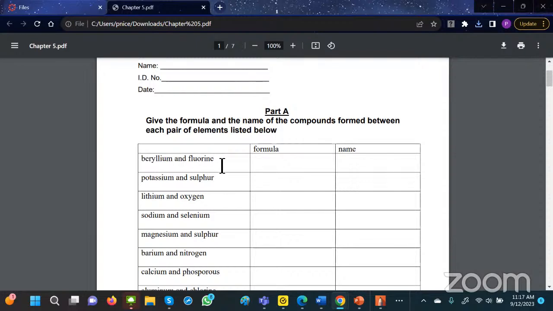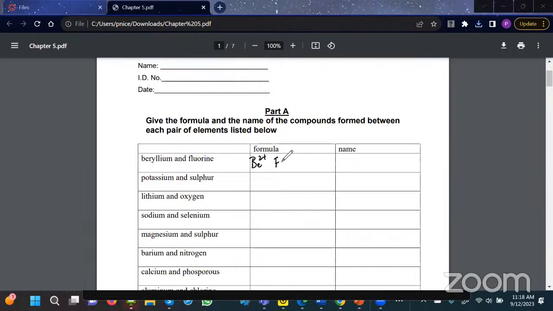So as I said before, what you would do is go to the tables and you look up the formula for beryllium ions and fluoride ions. And if you do that, you'll see that the beryllium ion is Be2+, and the fluoride ion is F-, right? So based on what we have discussed earlier, how would you get the charges canceling out?